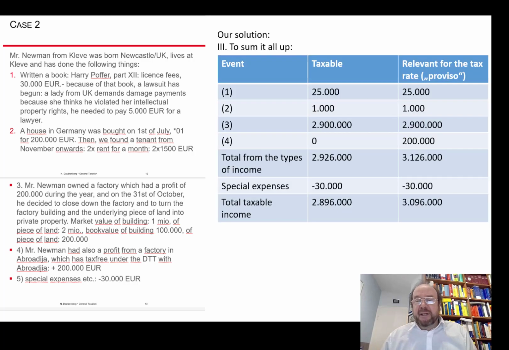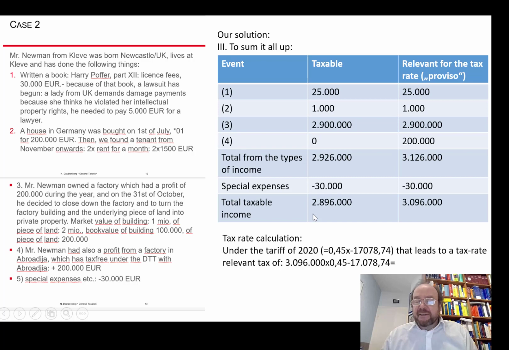Well, to sum it all up, here are the events, and the middle column just gives you the taxable income, and the right column gives you what counts for the calculation of the tax rate. Naturally, we need to do the tax rate calculation first.